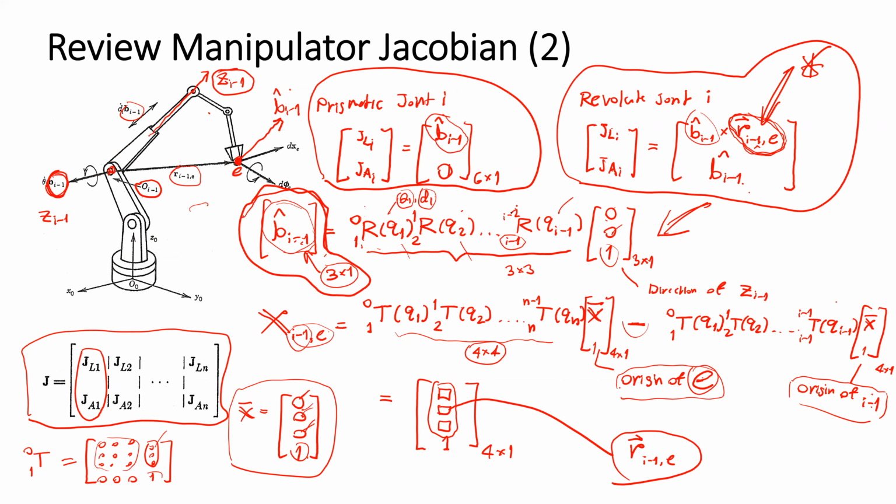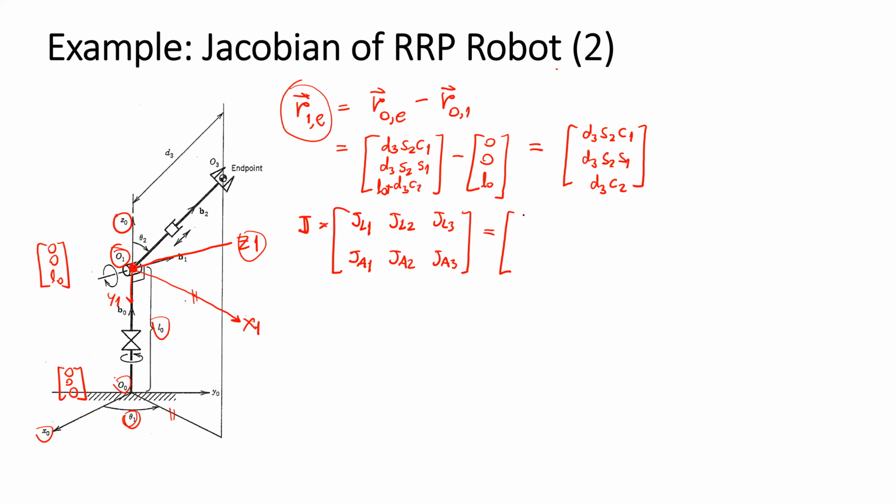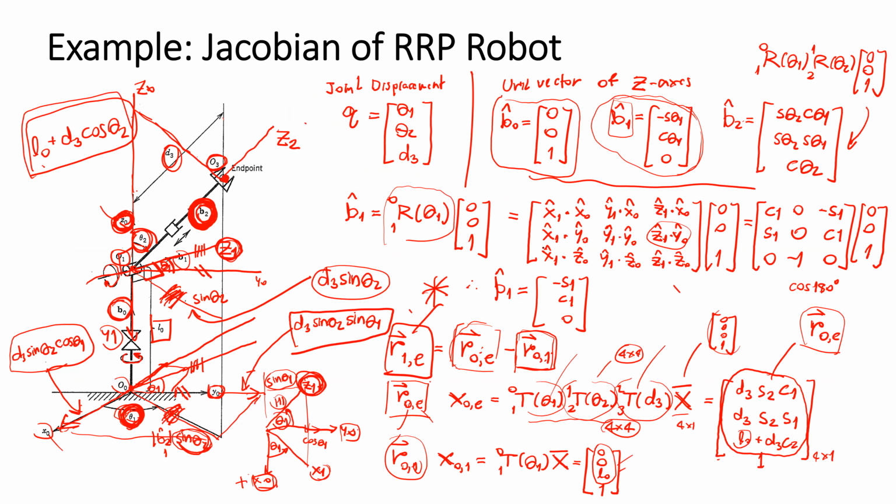For the revolute joint, we have the unit vector B0 crossed by the relative position vector from 0 to the end effector, and we have B0. Does that make sense?